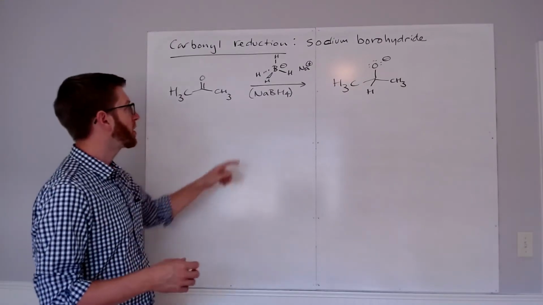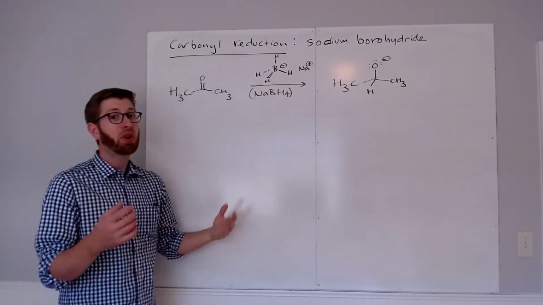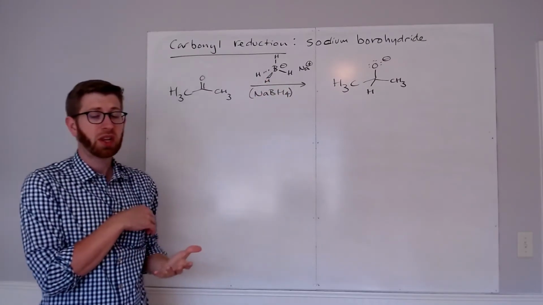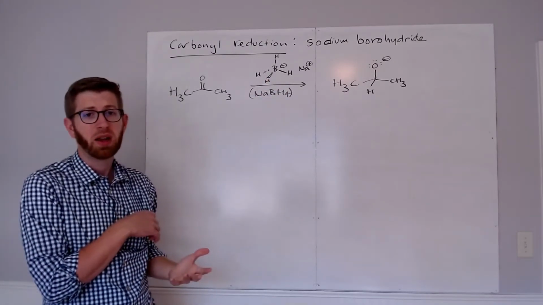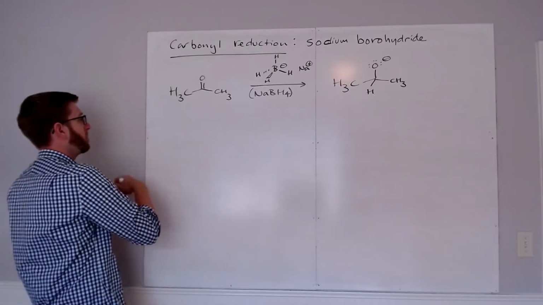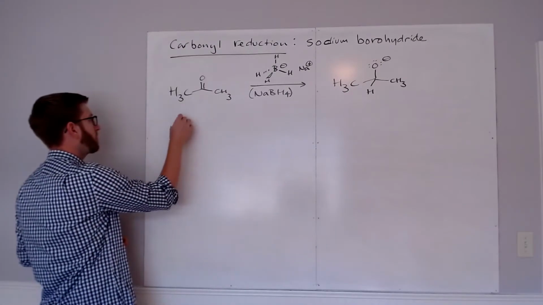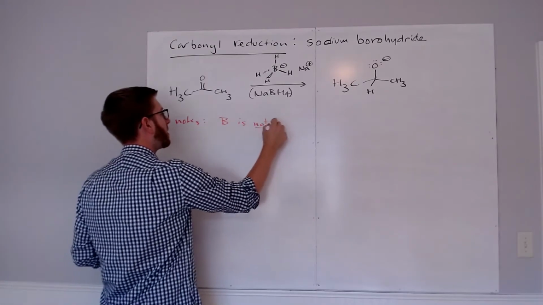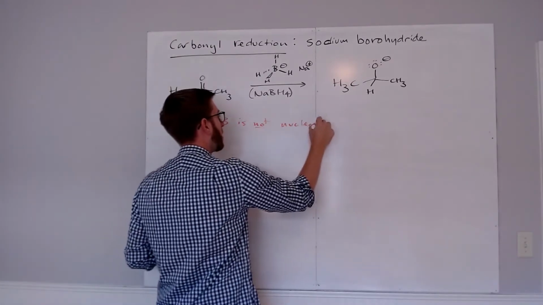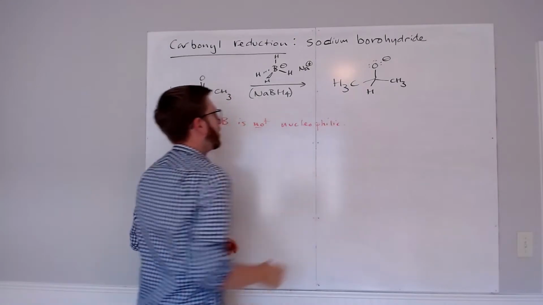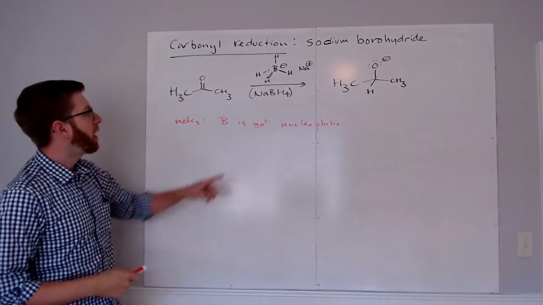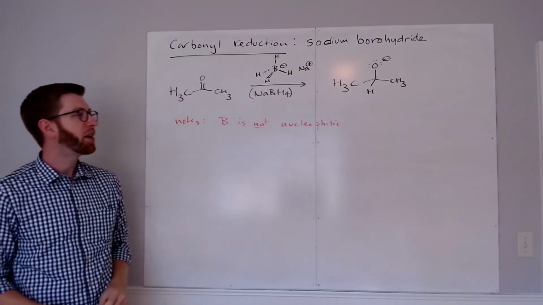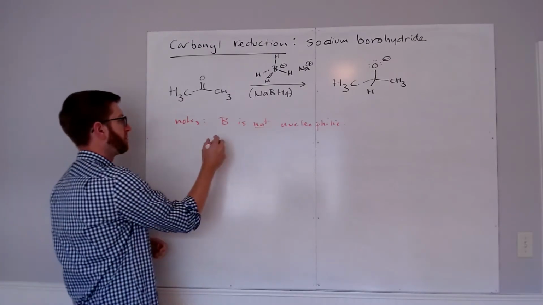And that's kind of a confusing thing for us to think about. We would normally look at a structure like this and say, oh, the boron is nucleophilic, but it's not, because if boron was nucleophilic, it would form a 5th bond and go over the octet rule. So a couple of notes here. B is not nucleophilic, but it turns out that the hydrogens on the outside of the BH4 anion are nucleophilic.